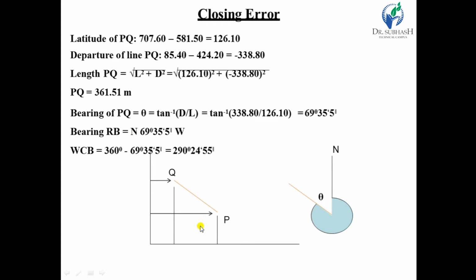Now if you want to find the difference in latitude of P and Q, we have to subtract the northing of P minus the northing of Q.